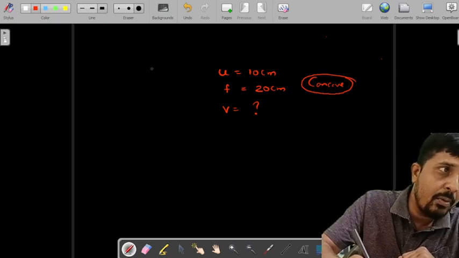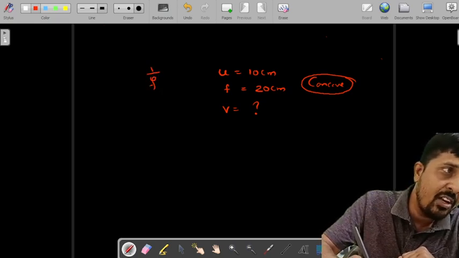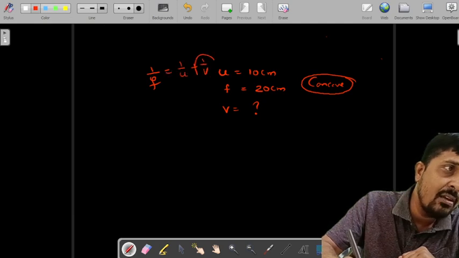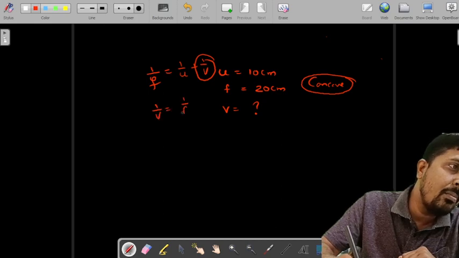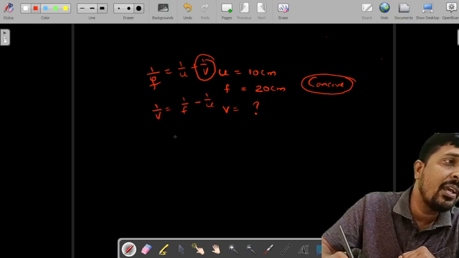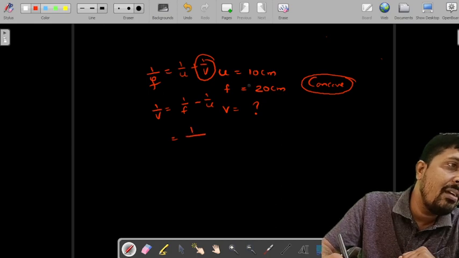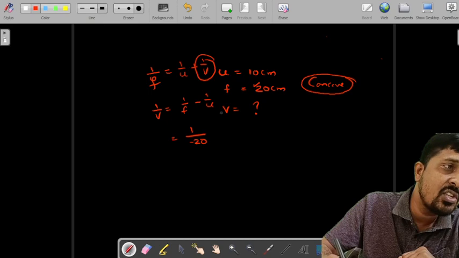You solve this problem by using the formula 1 by f is equal to 1 by u plus 1 by v. So 1 by v is going to become 1 by f minus 1 by u. 1 by f is going to become minus 1 by 20 according to sign convention.